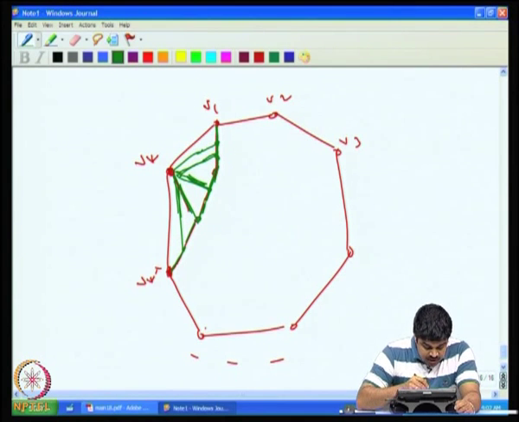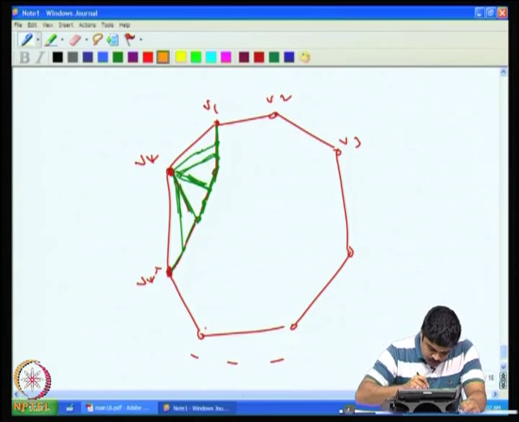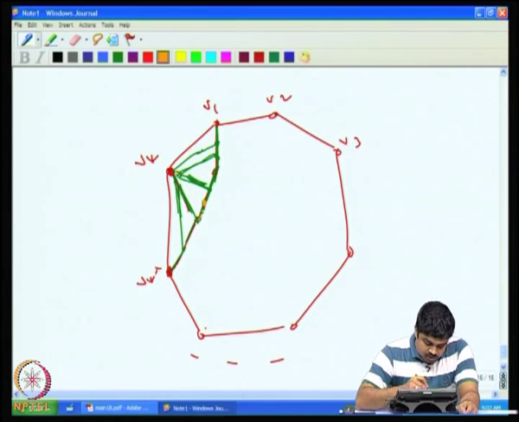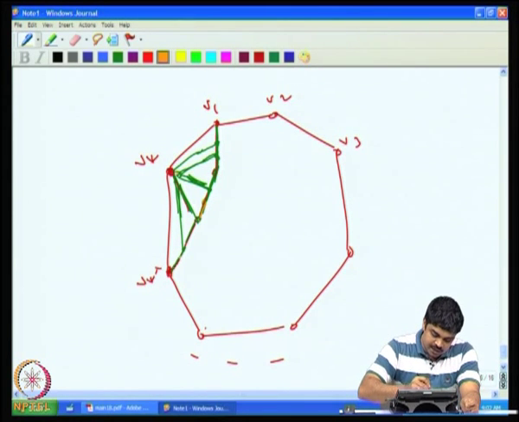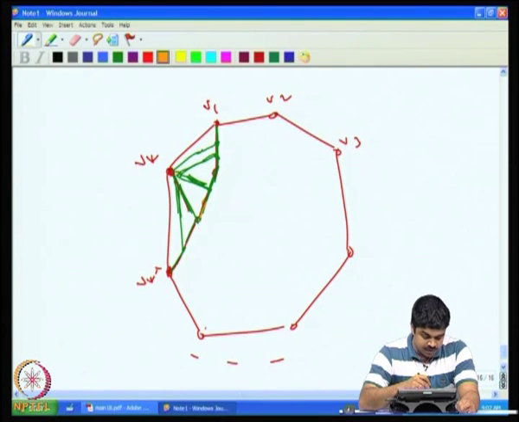It's not possible that there is some gap here, or a vertex of this sort, otherwise how can it be a triangulated face? So, just including these neighbors, we should have a path from Vk minus 1 to V1, because all the inner faces are triangulated.